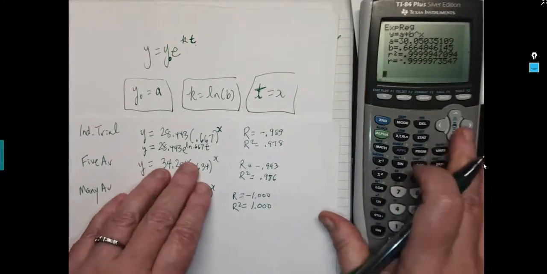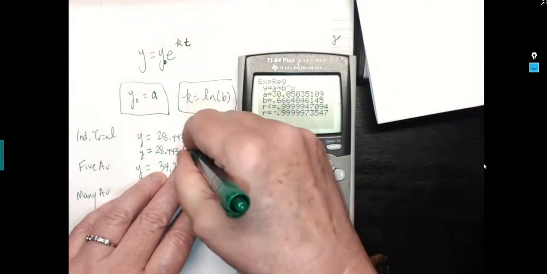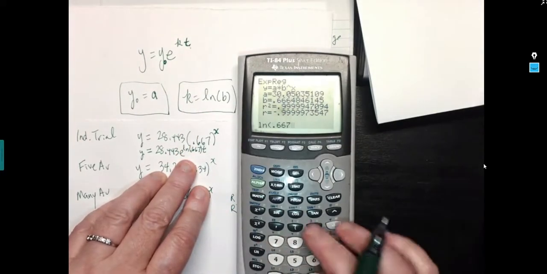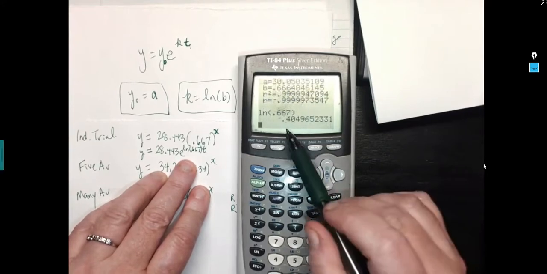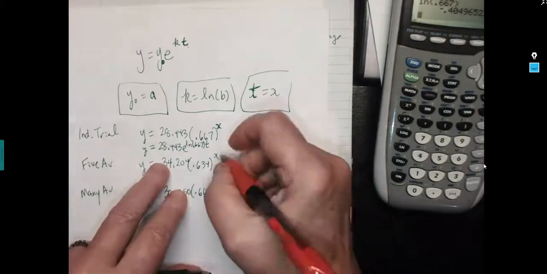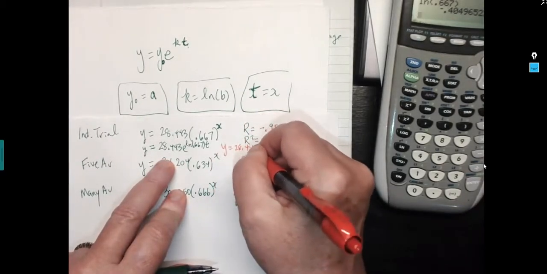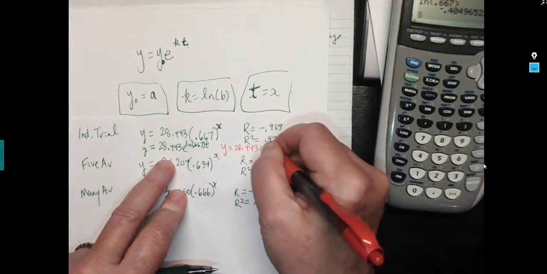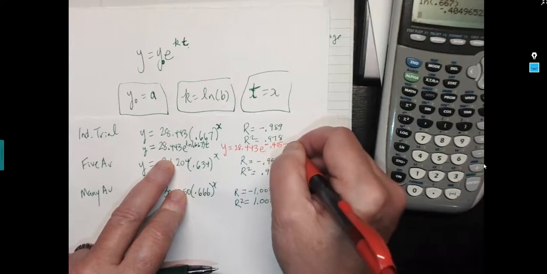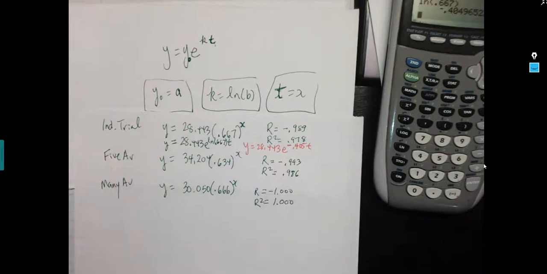Okay, and then I want to do that to 3 places. So I just want the natural logarithm of that. So negative 0.405. So that's my answer in standard form for the individual trial.